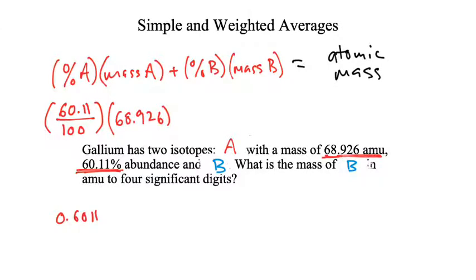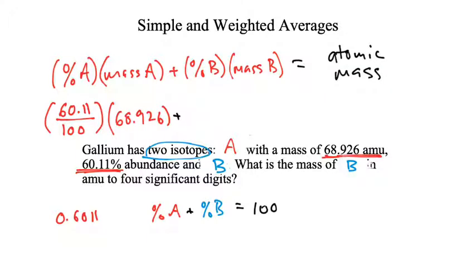Do I know the percent of B? Yes. Where does it say the percent of B? You only have two isotopes, so it has to be the remainder. It does not explicitly state the percent of B, but it does say that I have two isotopes. So if I take the percent of A plus the percent of B, what should I get? 100%.